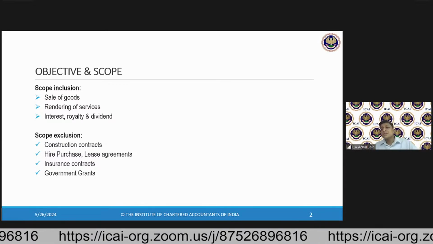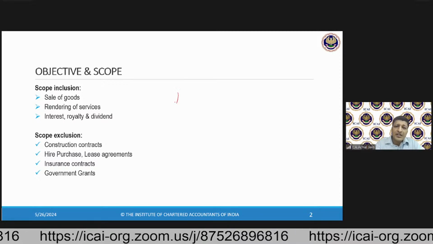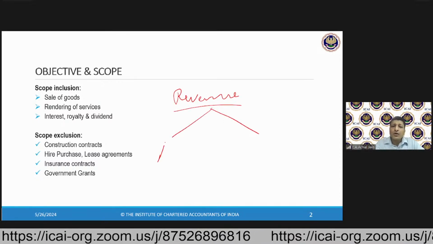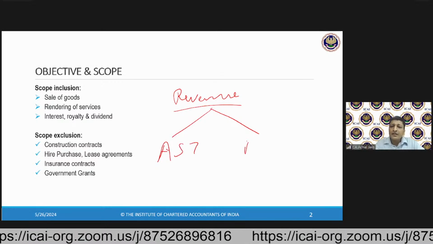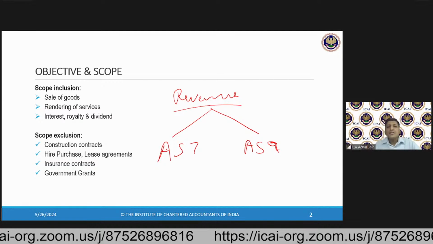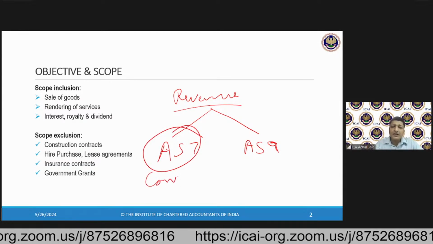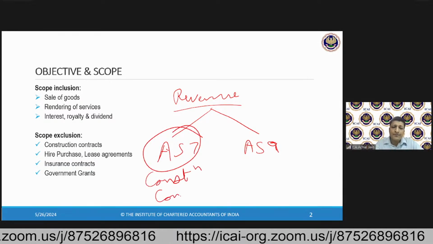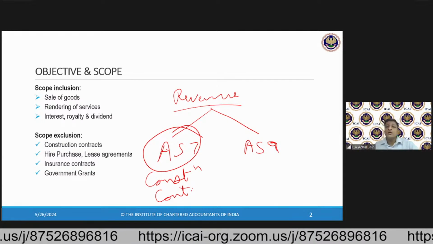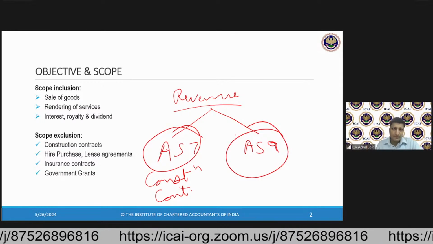In fact, for revenue recognition, there are two accounting standards, AS7 and AS9. AS7 dealt with only the construction contracts. And for any other revenue recognition, where do you go? You come to AS9.